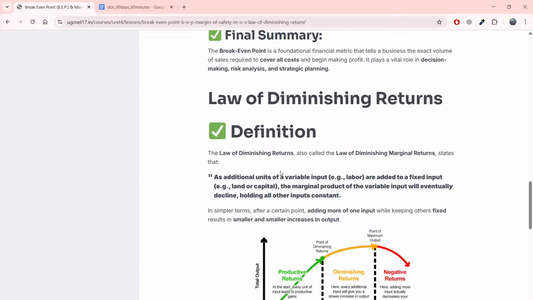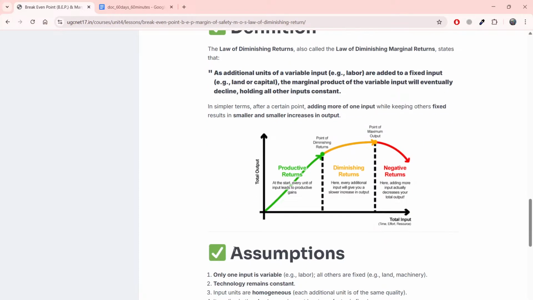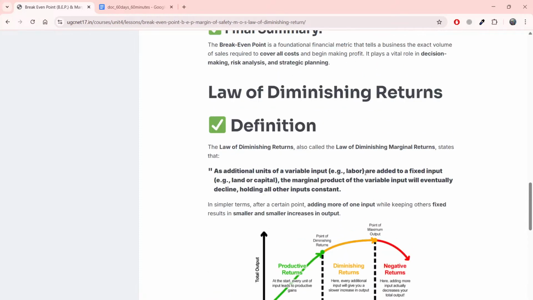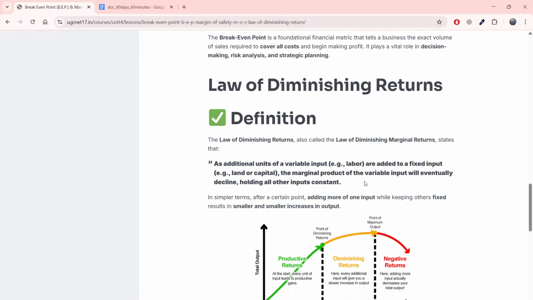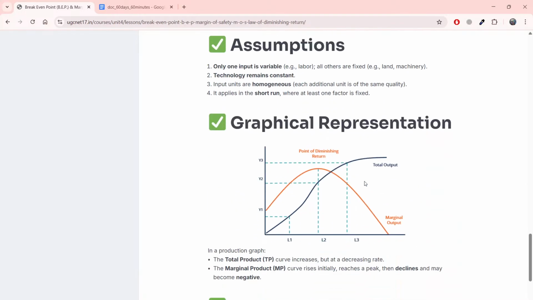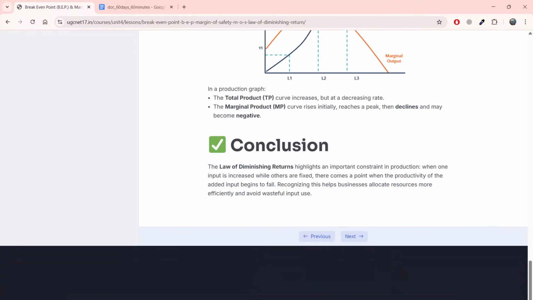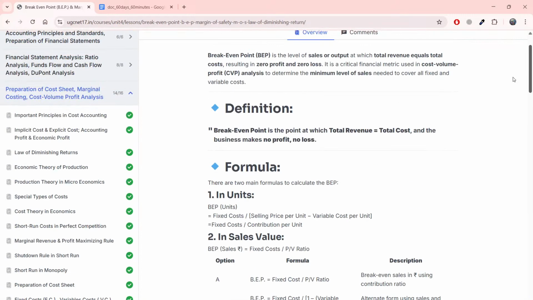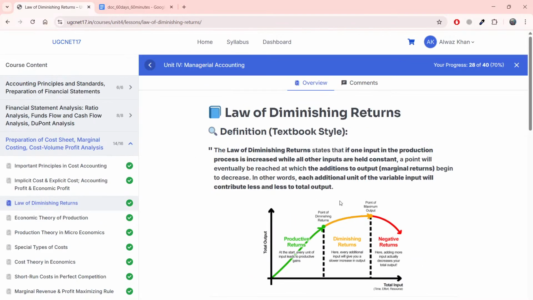In simpler terms, after a certain point, adding more of one unit while keeping the others fixed results in smaller and smaller increase in output. This is the law of diminishing returns. Law of diminishing returns we have studied previously, I believe.